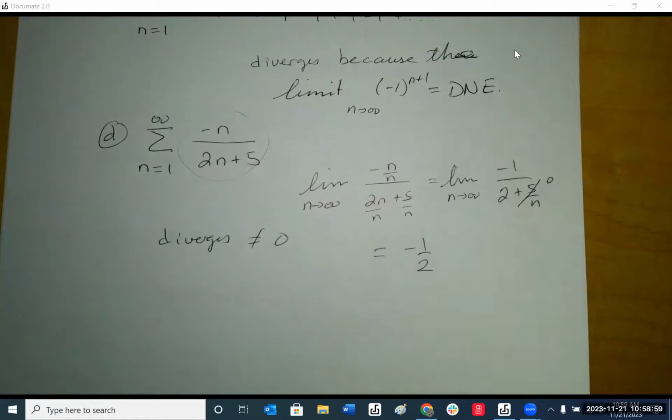All right, where's my next page? Examples. This is page 5. Example 8.